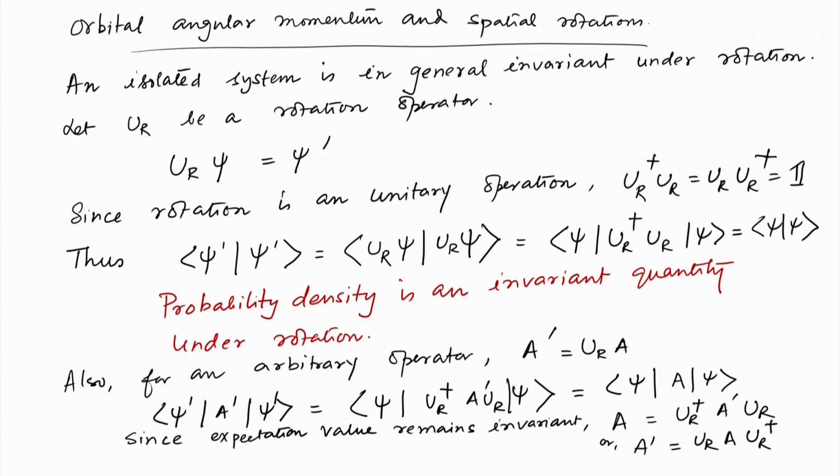So, we have done it on the wave function, and we have done it on any arbitrary operator, which could as well be the Hamiltonian of the system. So, we know how to perform a rotation operation on the wave function and an operator.